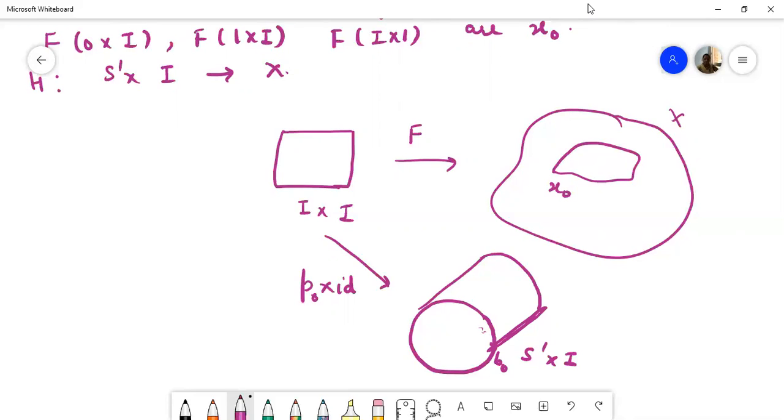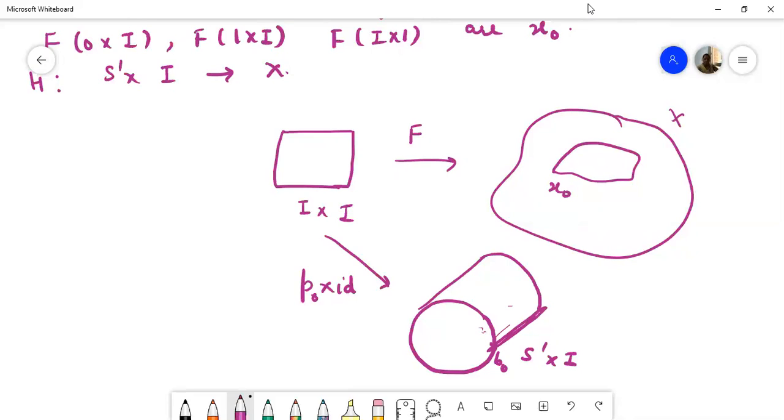For all of the points except on this line b0 cross I, because this mapping is a quotient map, and it is injective on the whole rest of the area except these two left and right edges, which map to this line.